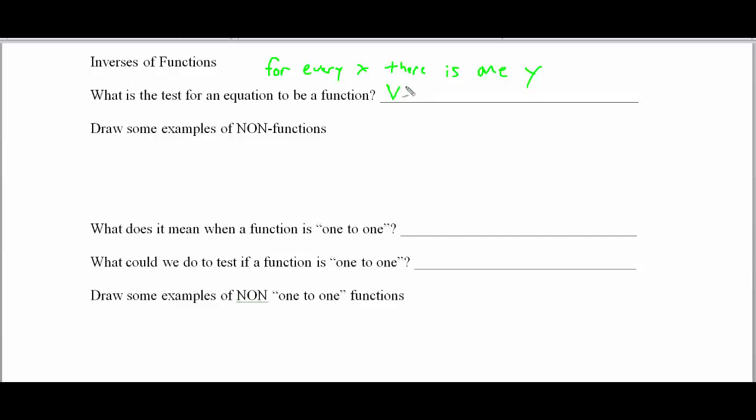And the test for this is the vertical line test, or the VLT. The vertical line test means that if you can draw a vertical line and it only touches one part of that line at one spot, or if you can imagine one pixel on a computer screen, then it passes the vertical line test.